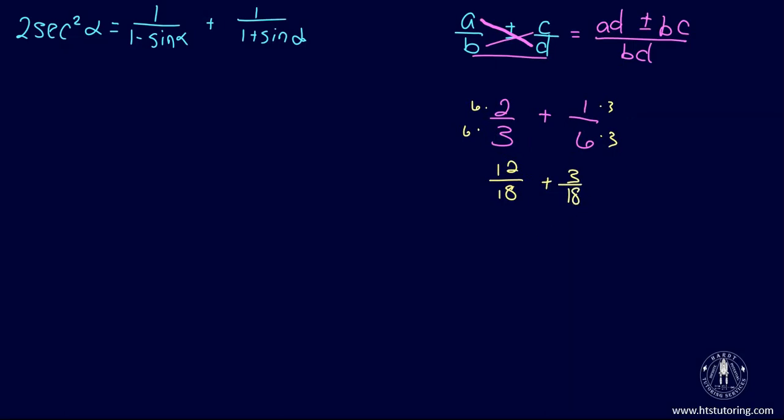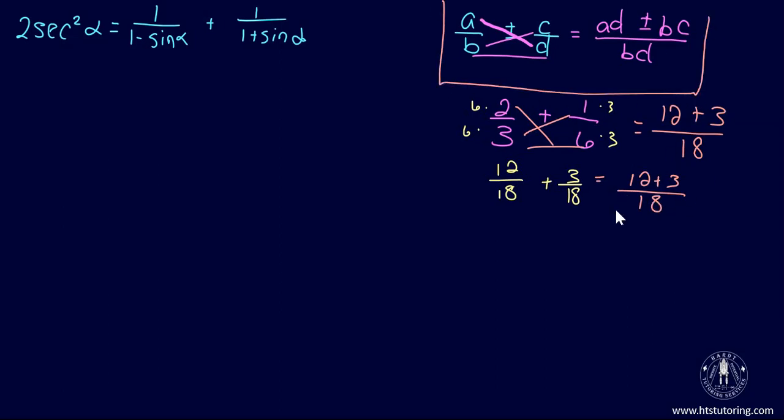Or I could do the cross multiplying, and get 2 times 6, which is 12, plus 3 times 1, which is 3, all over 3 times 6, which is 18. If I put these into one fraction, I would get the exact same thing. That is why this method works, and I highly recommend it. It doesn't get you the least common denominator, but it does get you a common denominator, and that's all you need.